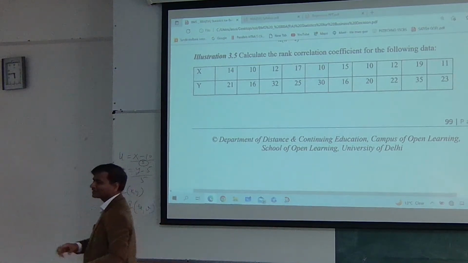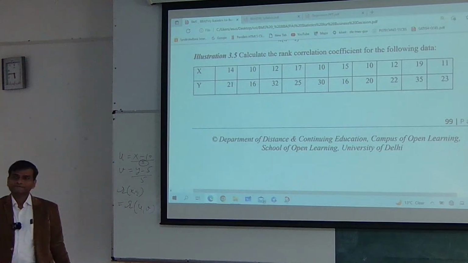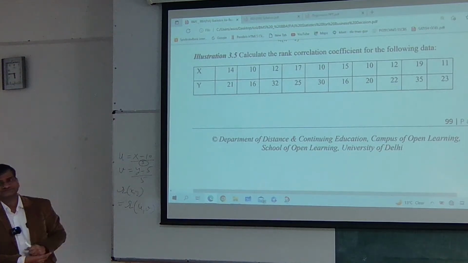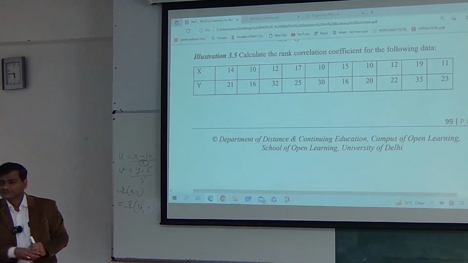So how would you assign the rank? हाँ जी, रैंक कैसे देंगे?